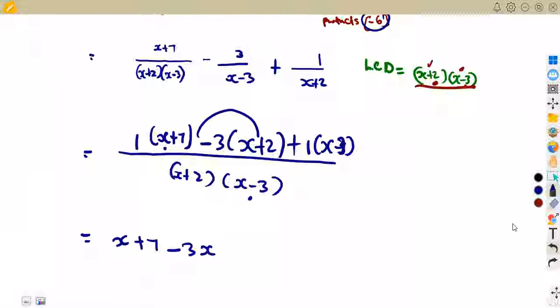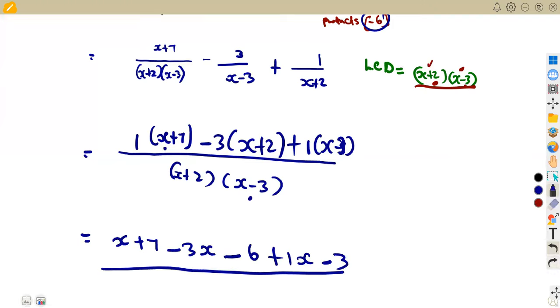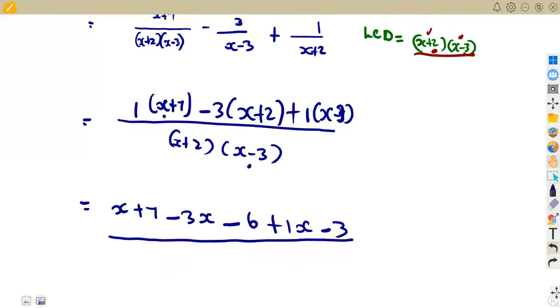Negative 3 times a positive 2, which is a negative 6. 1 times x, which is positive x. Then 1 times negative 3, that's a minus 3. Everything here is over the LCD that we obtained before, x plus 2 into x minus 3.